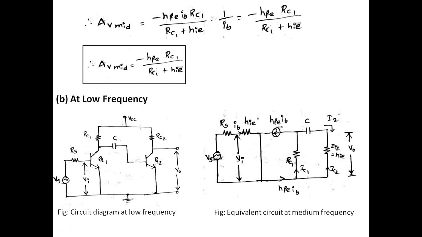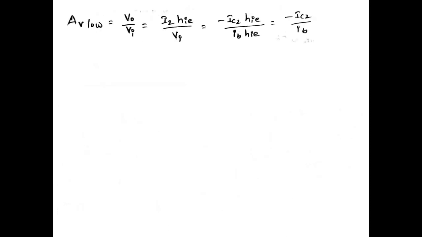Now we need to calculate the voltage gain at low frequency, AV low, which is equal to V0 by Vi. We know V0 is equal to I2 into HIE, divided by Vi. The Vi formula remains the same, IB into HIE, and I2 is equal to minus IC2. We need to calculate that IC2 again.